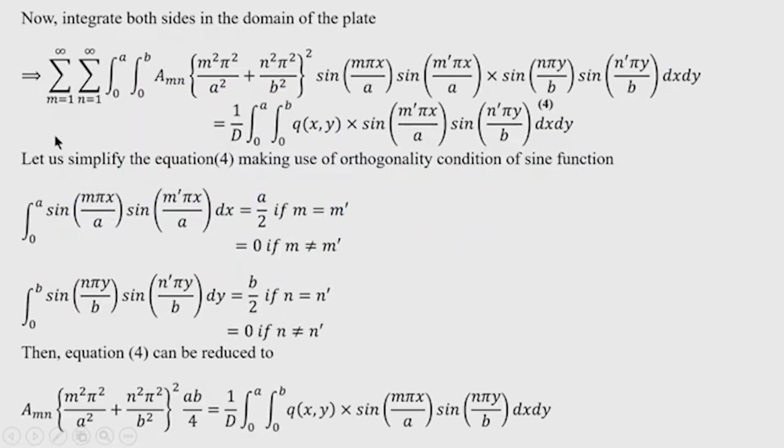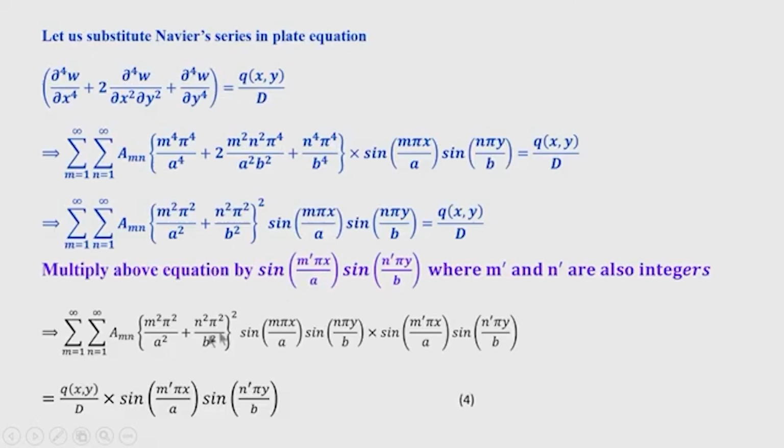Now, the next step is to integrate both sides in the domain of the plate. So, I integrated the equation that we have obtained in the last slide with respect to x and y, and the limits are 0 to a and 0 to b.